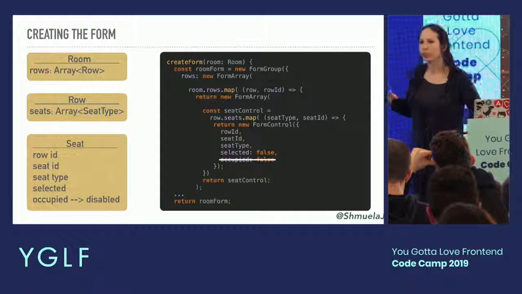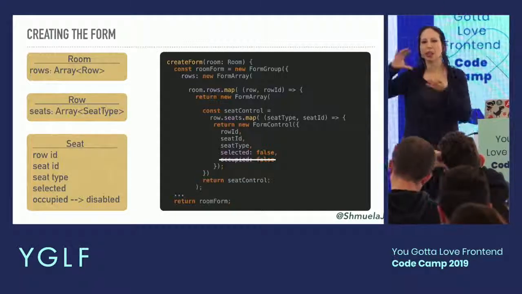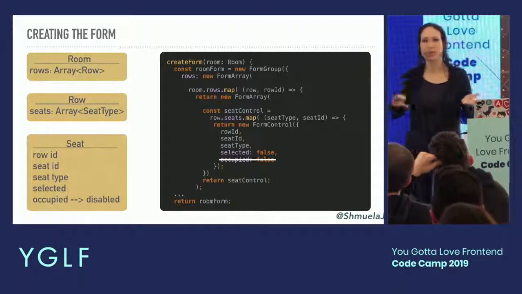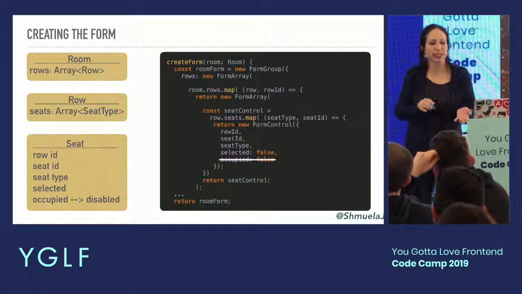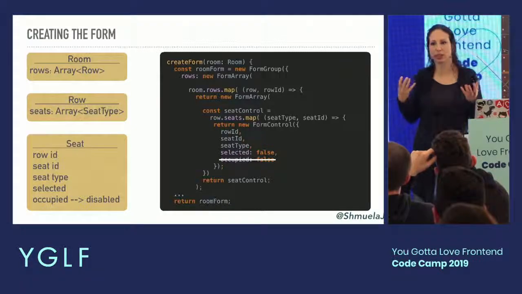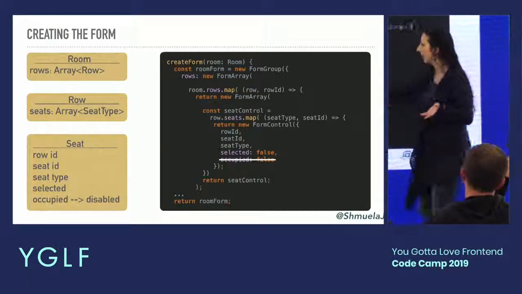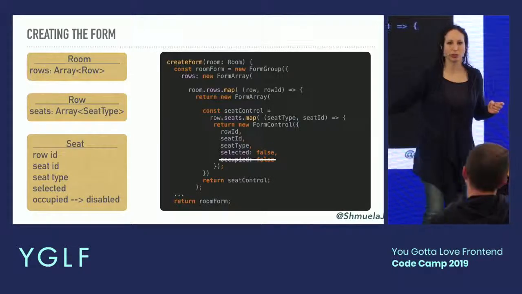So I'm choosing here to pass a whole object of values that not all of them are going to be changed by the user. Like row ID and seat type are actually going to be constants, and only selected is what's changed by the user.